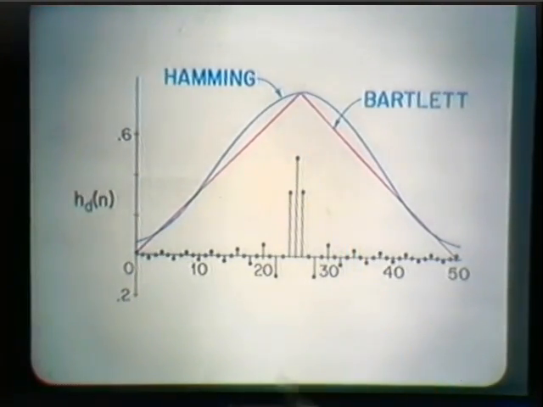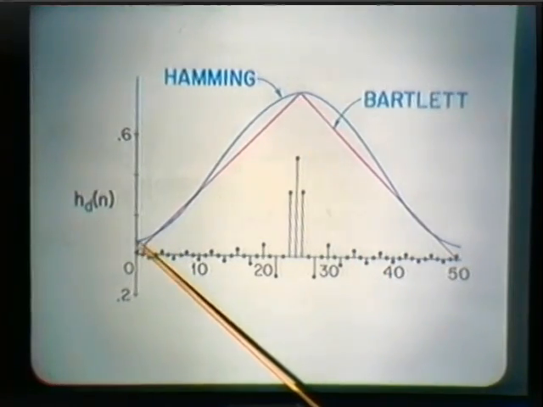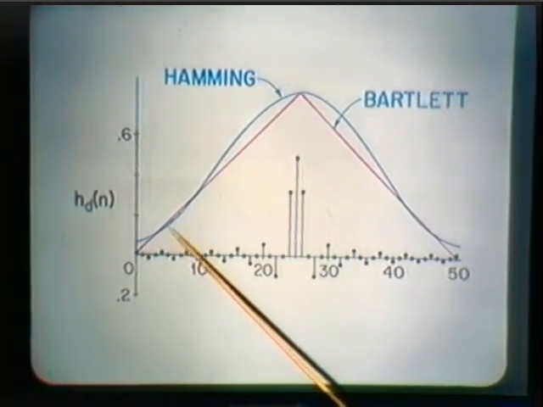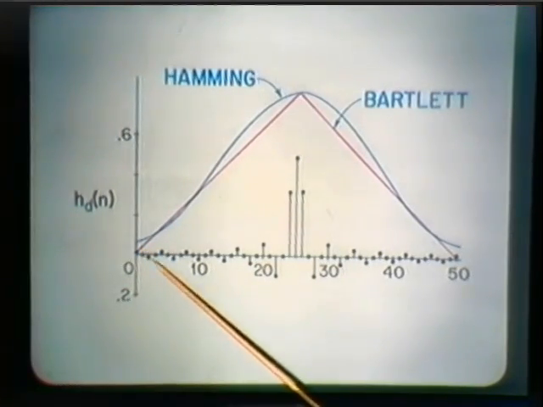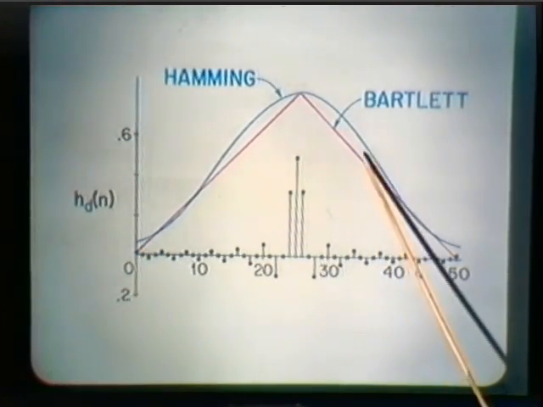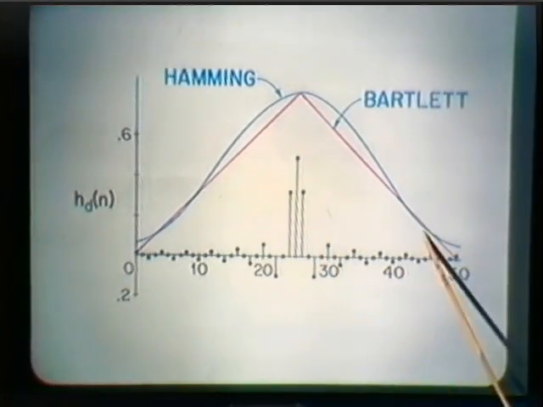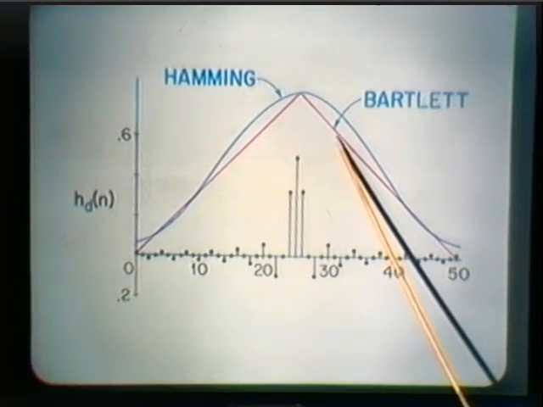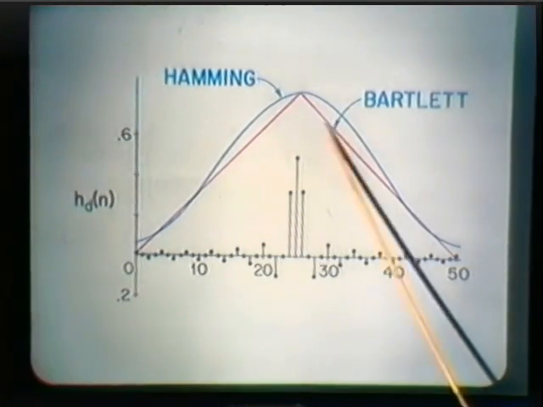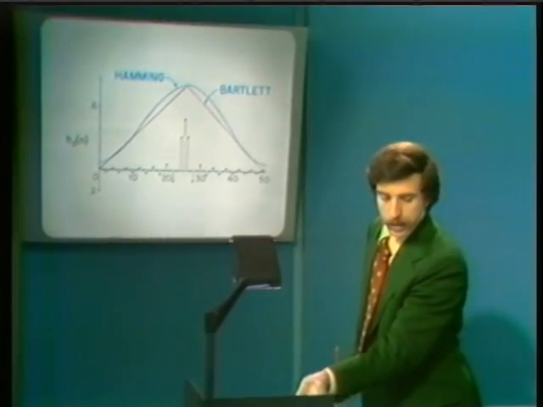The Hamming window is a window which corresponds essentially to a cosine bell sitting on a small pedestal. So for this particular example, again, the ideal low-pass filter windowed, we can compare the frequency response obtained with the Bartlett window to that obtained with the rectangular window and also with the Hamming window. So let's take a look at that.